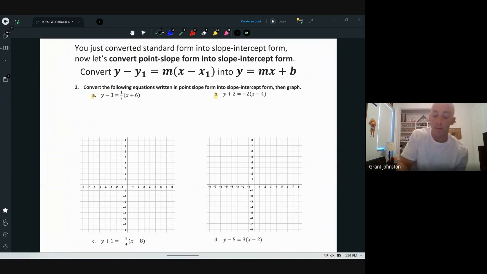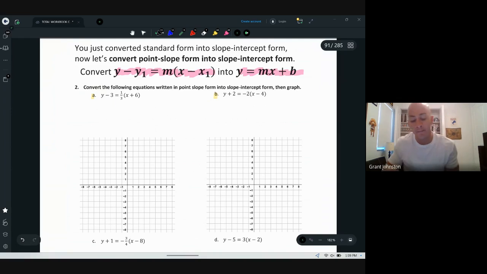So we're converting the point-slope form into slope-intercept form. And then it wants us to graph as well. So remember, it's kind of the same idea. Slope-intercept form is just y equals mx plus b. So we're trying to get y by itself. To do that, we have to do some algebraic manipulation.